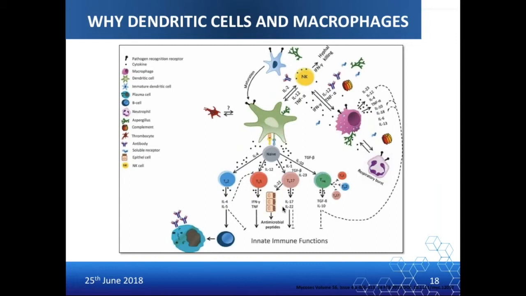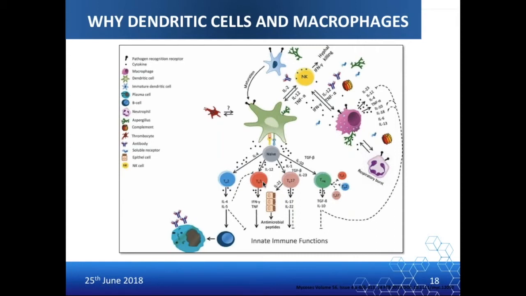The dendritic cells, you have to imagine, are really the sentinels of our immune system. These are really the one and only cells of our immune system which are able to activate naive T cells to become either Th1, Th2, Th17, or T regulatory cells.